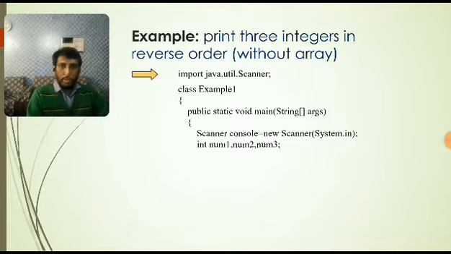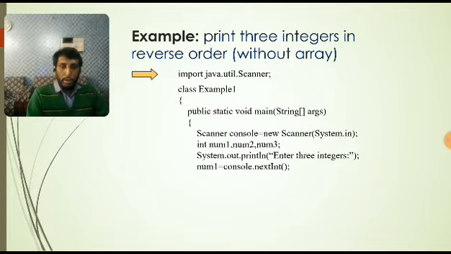Here three variables are declared: int num1, num2, num3. In num1 we are taking input from the console. In num2 we are taking input from the console, and same as num3.